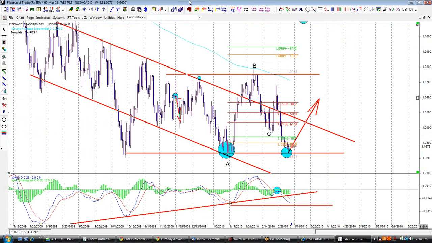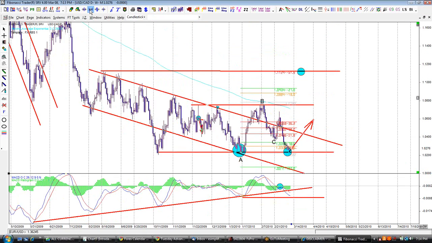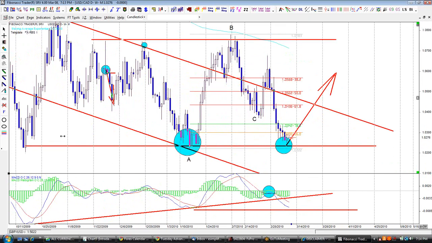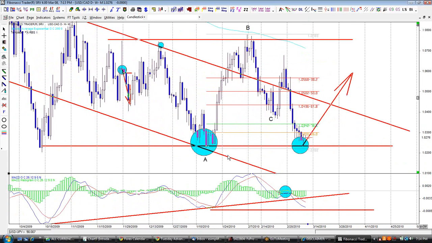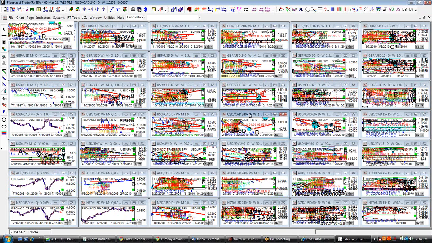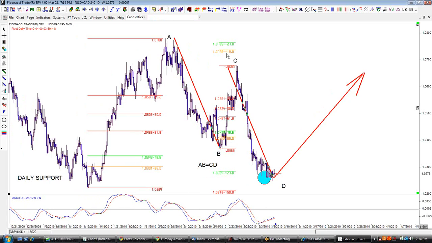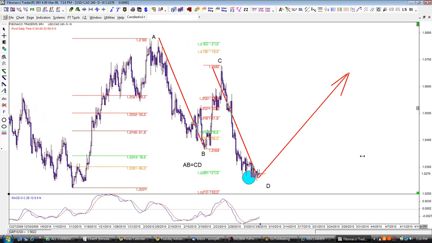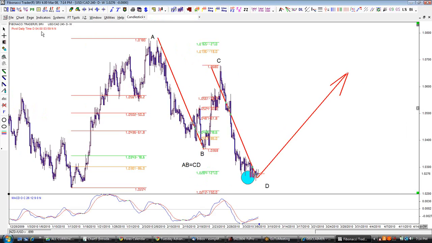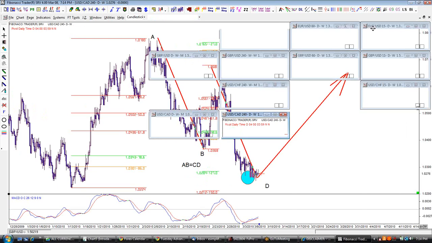USD Canadian. Finally, we got to the support. What we need to see is if we're going to bounce off this support. Here we have bullish AB equals CD pattern, so it's very likely to see some bullish move.